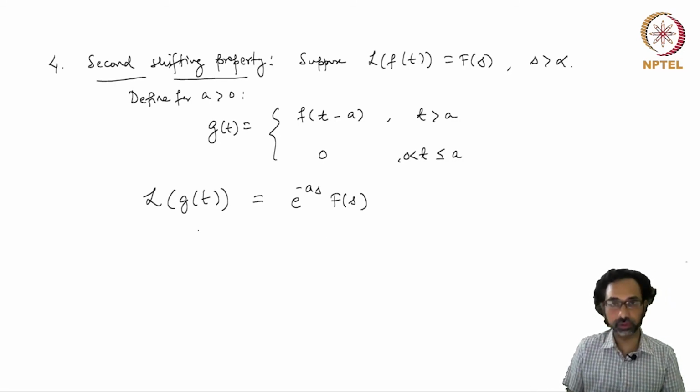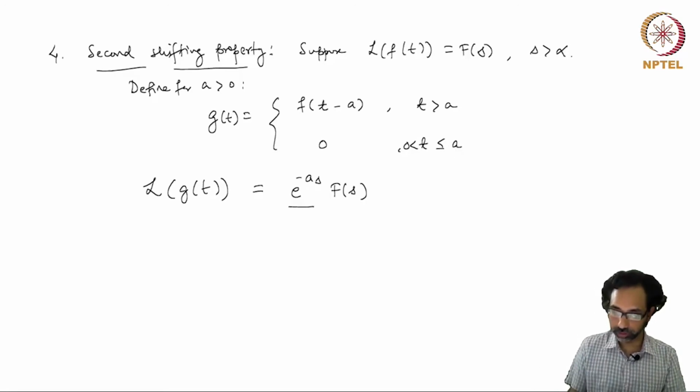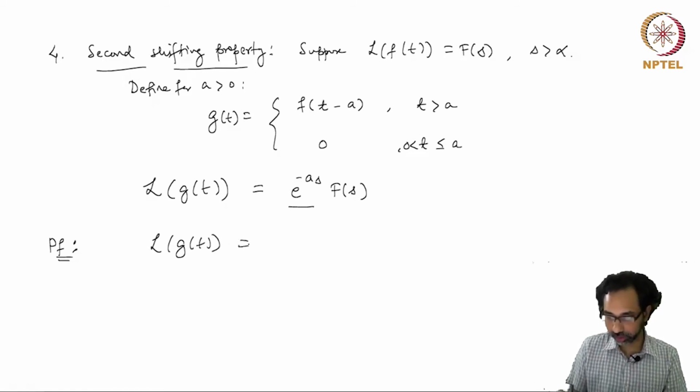We see that from the first shifting property, multiplication is by exponential ct on the left of the Laplace transform, but in the second shifting property the multiplication is by e^(-as) on the right hand side of the Laplace transform. So let us again try to prove this second shifting property. I want to show that the Laplace transform of g(t) is e^(-as) times F(s).